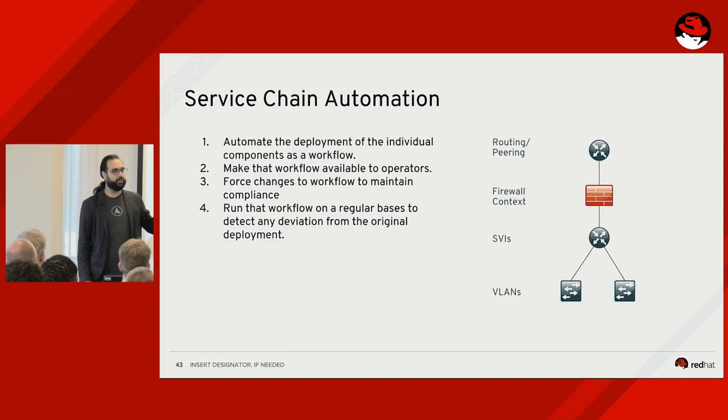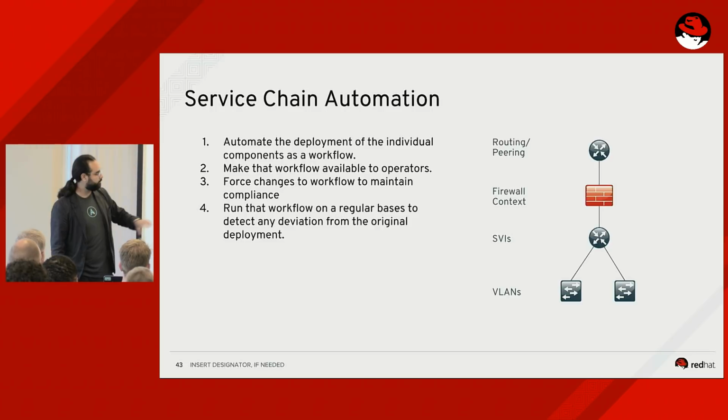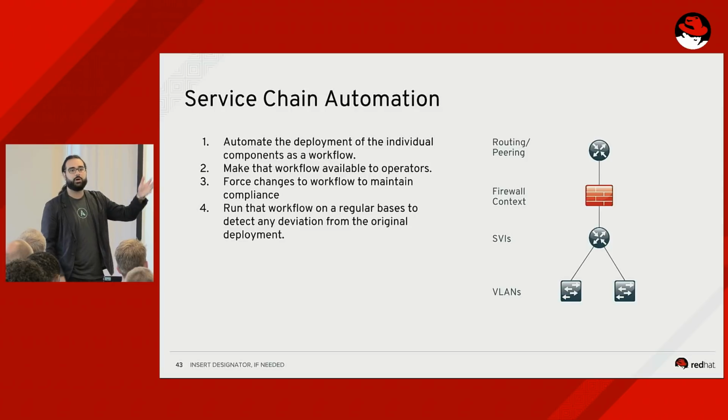You can automate all of that, like create a VLAN at my top of racks, SVIs somewhere, create a new context in my firewall, or if I'm taking the network virtualization path, perhaps it's a new instance of a firewall that I will deploy in my network pod. Then put the configuration, then do my peering. So I have the entire process automated to deliver that particular service for a tenant.